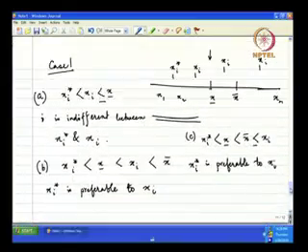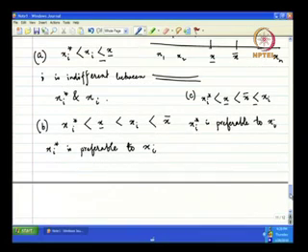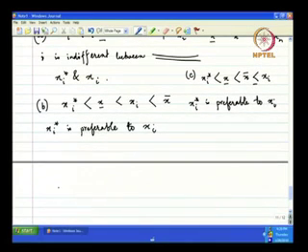Now, in all these three cases, what we have done is that we have considered that the value of xi star is such that it is less than x under bar. But that is not the only possible case to have.